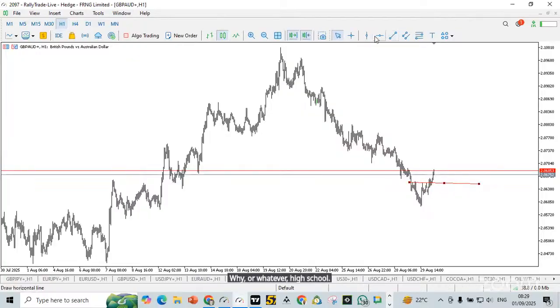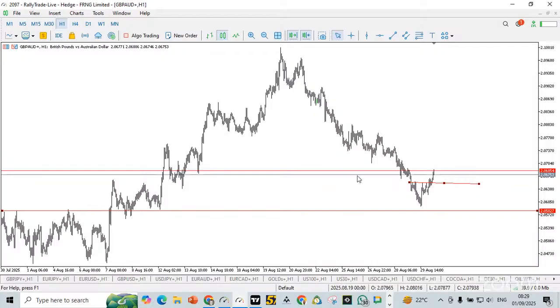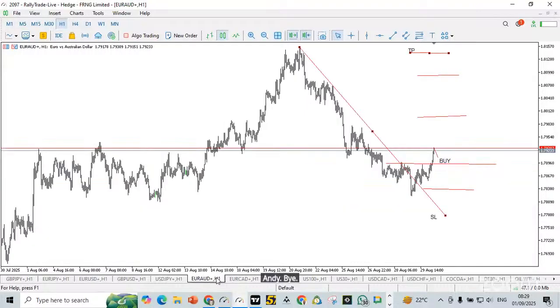So what level? See the support level, broken already. The pullback and then the scaling back. Any form of pullback here for this pound AUD, we are good to go.